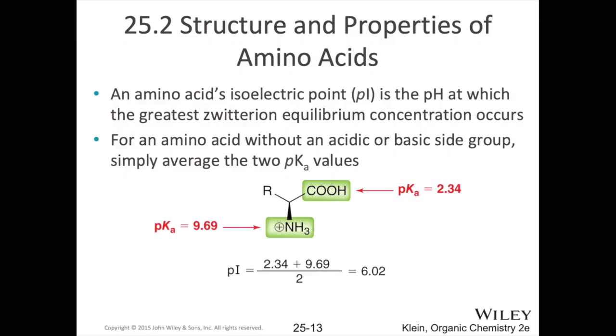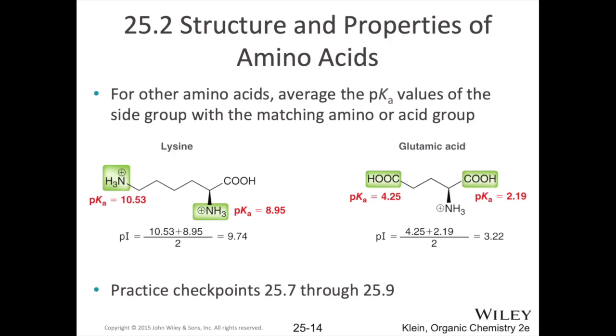Now, things get a little bit trickier if you have an acidic or basic side group. What you've got to do is pick the two groups that are similar. So if your side group is basic, you use the pKa of the amine or ammonium group and the pKa of the carboxylic acid on your amino acid, and you take the average of those two pKa's.